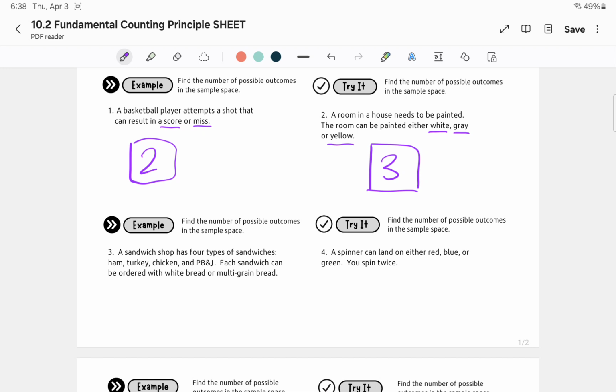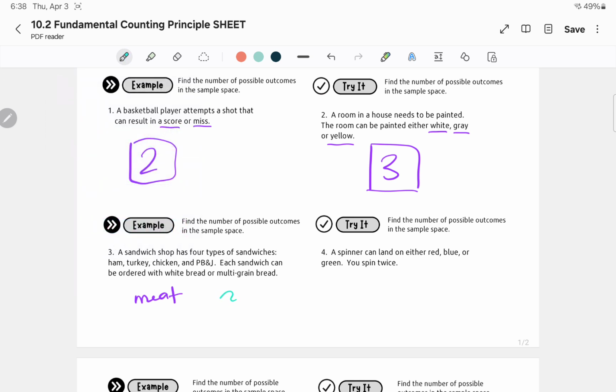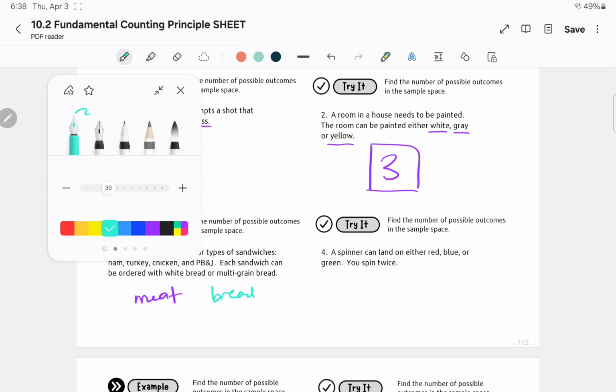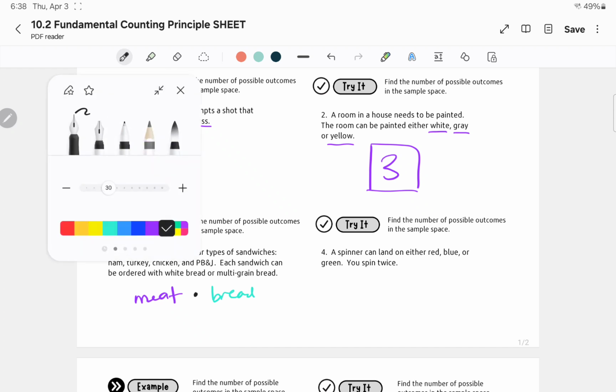So how many events is it? Well, we can choose the type of meat. And then I'm actually going to use a different color. You don't have to. I'm just going to show you that the second event is bread. And let's use black in the middle. So we're going to be multiplying the options for meat with the number of options for bread. So how many meat choices?